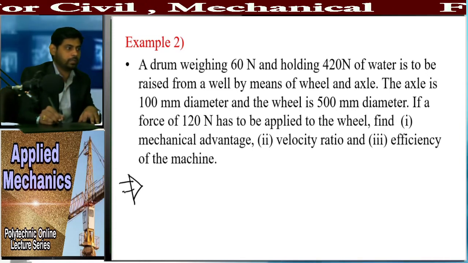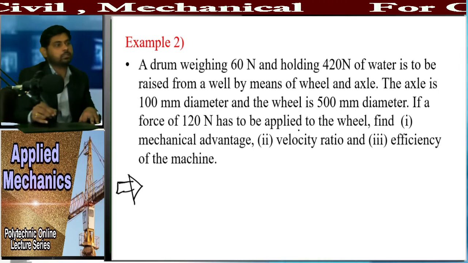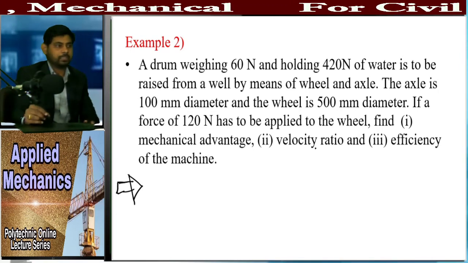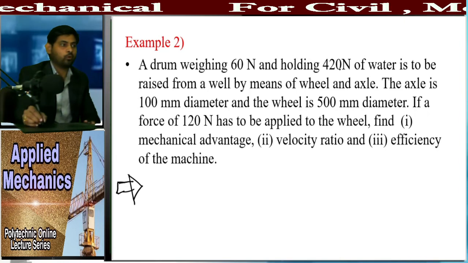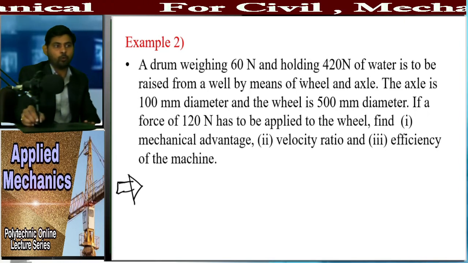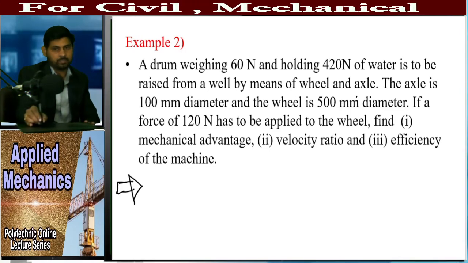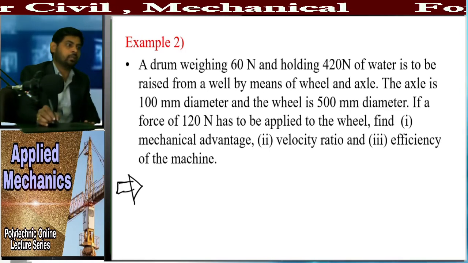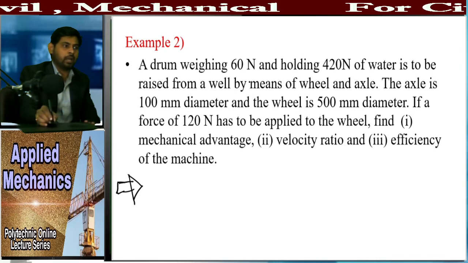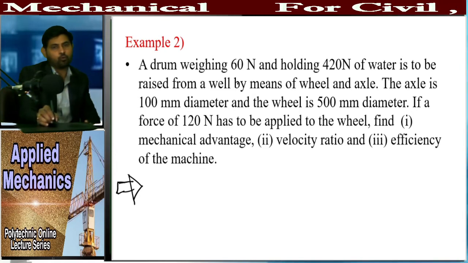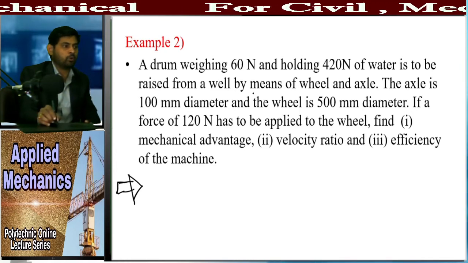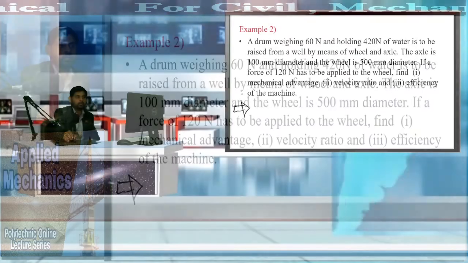What is the second numerical? The second numerical is: a drum weighing 600 Newton and holding 420 Newton of water is to be raised from a wheel by means of a wheel and axle.